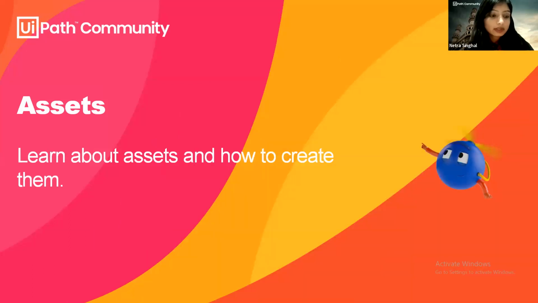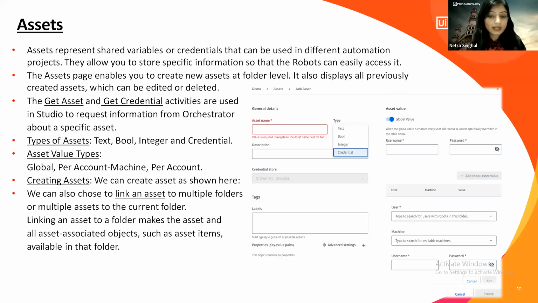Now, moving on to the next topic, which is assets. So we learn about assets and how to create them. What is an asset? Consider an asset like a variable. There are 4 types of assets which UiPath provides: text, Boolean, integer, and credential. Assets help us store values of all of these types, maybe text, Boolean, integer, or even your credential.